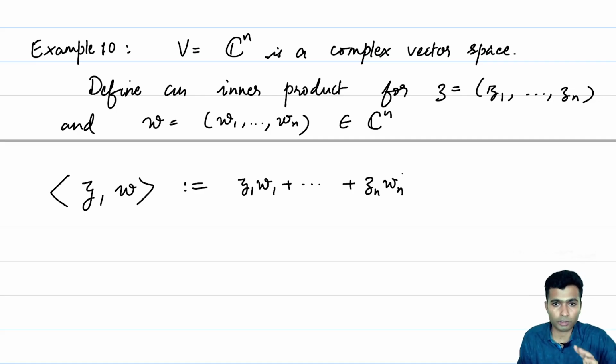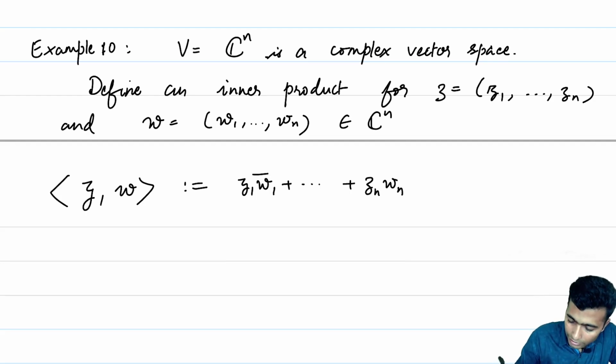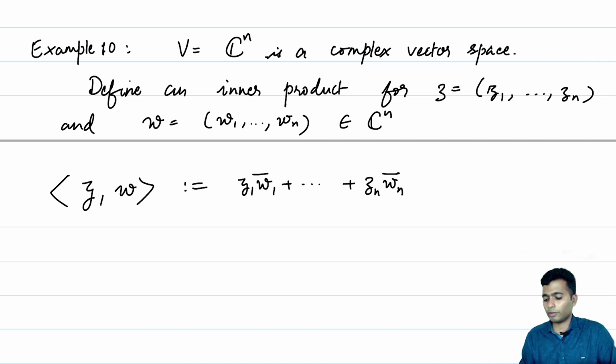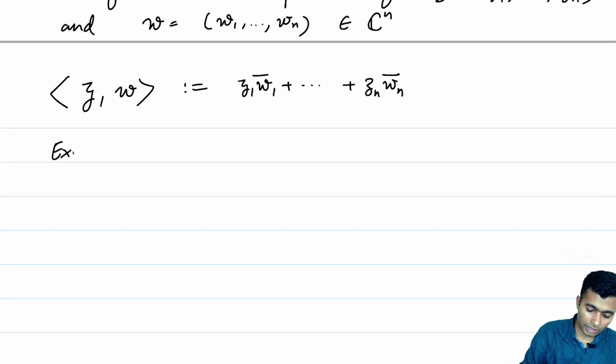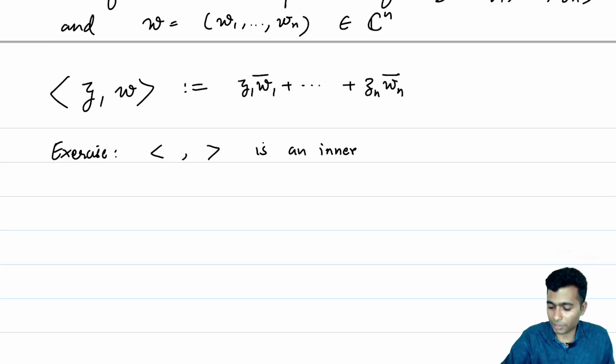There is something seriously wrong which will happen if we define it like this. However, from what we did in 9, we can take inspiration and define it as Z1 W1 bar plus Z2 W2 bar up to Zn Wn bar. And I will leave this as an exercise for you to check that this is an inner product on the complex vector space Cn.